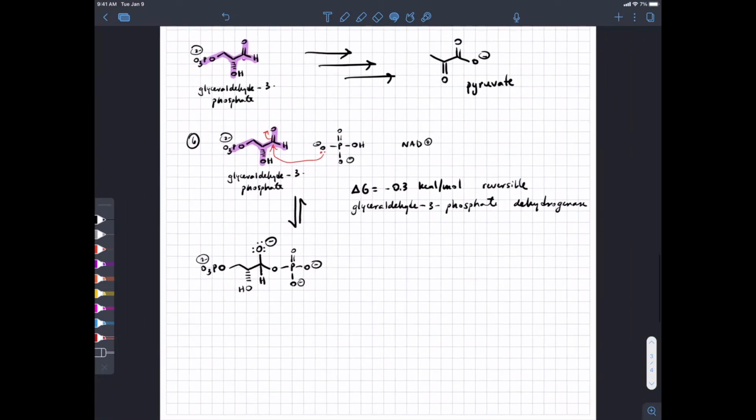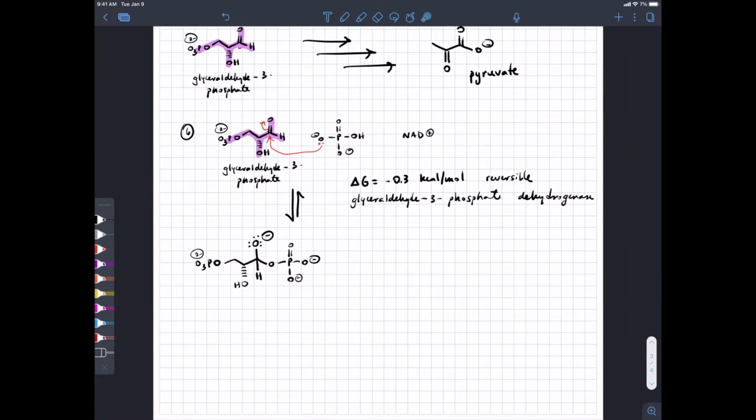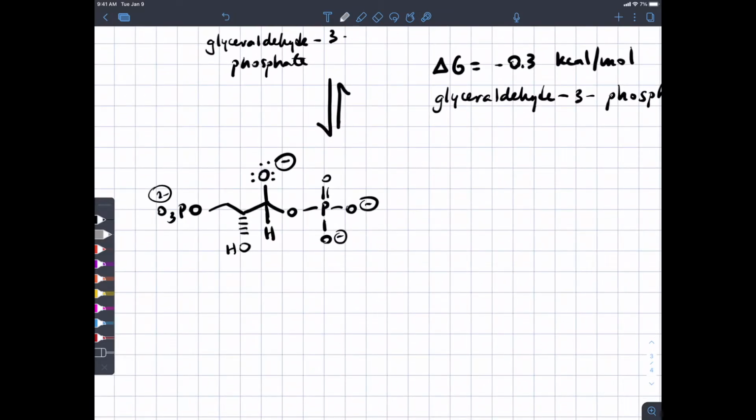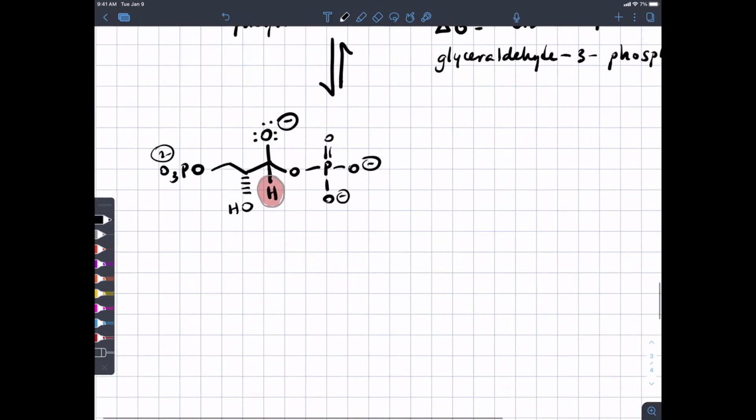But notice in our desire to get to pyruvate, we want to oxidize that carbon. So ideally, we're going to want to have this hydride group leave as a leaving group. Problem is, H- is a cruddy leaving group. And that's where NAD plus comes in.